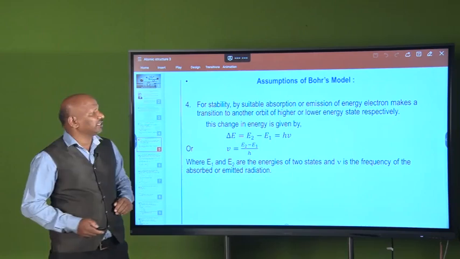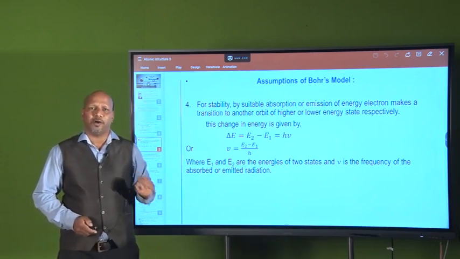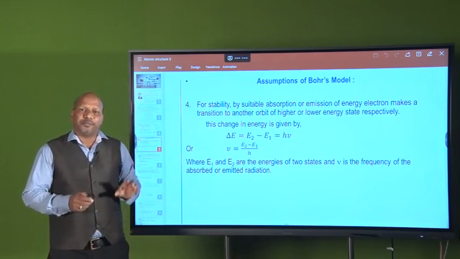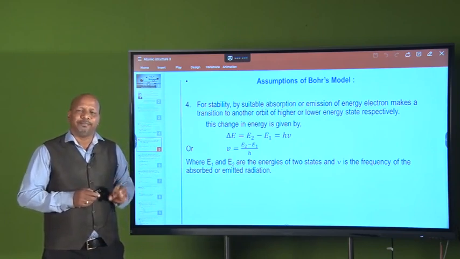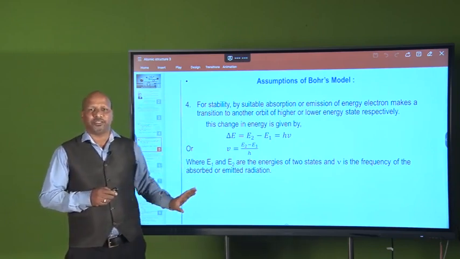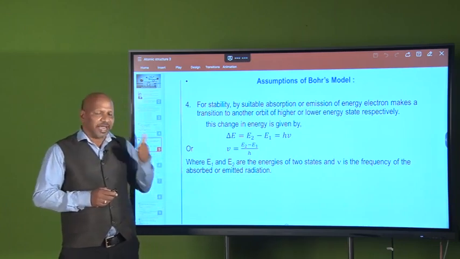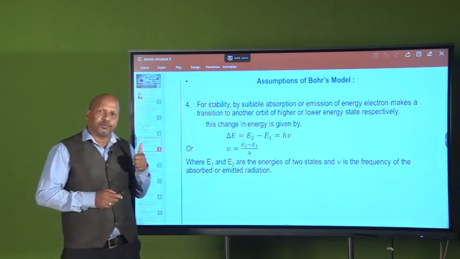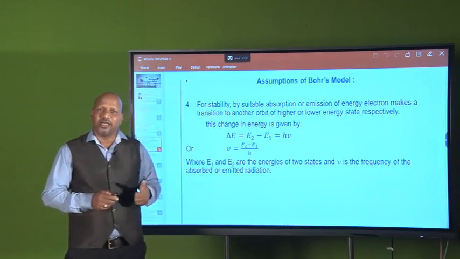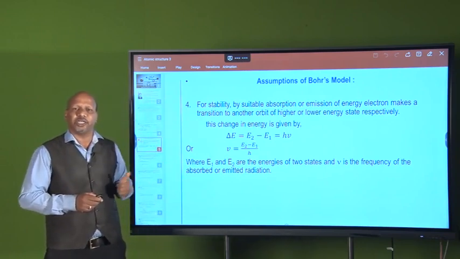So, these are the assumptions of the Bohr atomic model, and the atomic structure he represented is based on these 4 assumptions. Just keep them in mind. First, an atom consists of a small positively charged nucleus at the center and an electron revolving around it in a circular orbit.